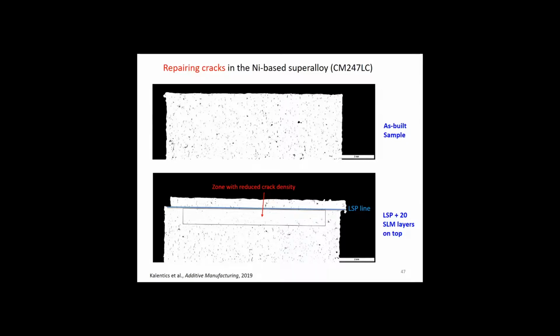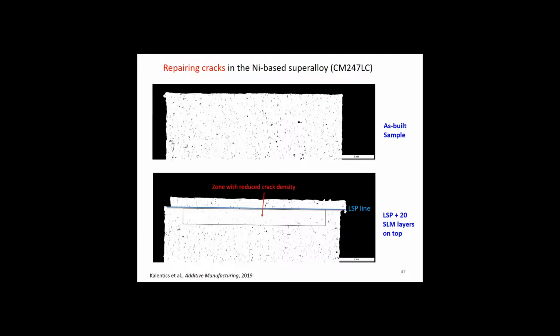Well, we know that cracks are created when you have tensile stresses combined with solute segregation. So why not, during the build, apply laser shock peening along the blue line, for example, and do that repeatedly? In that case, you can keep adding material on top.